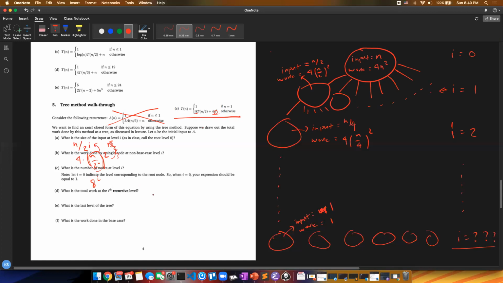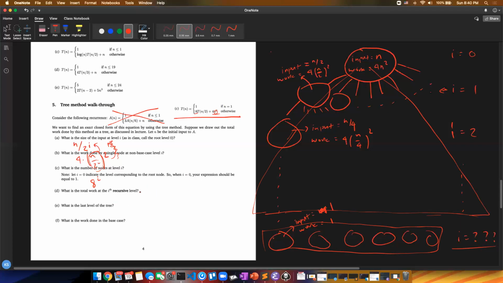This is asking what is the total amount of work done at that whole recursive level. It's not asking how much work was done across the base case level. Before our base case, we have this whole recursive tree, and we just have to add up all the work done by this recursive work, right? And that's what it's asking.